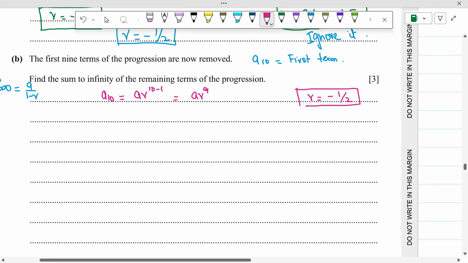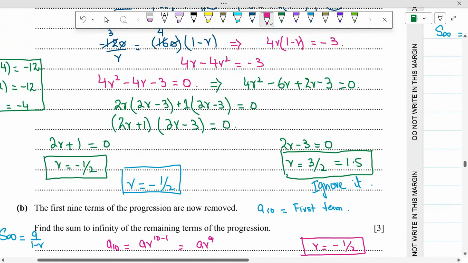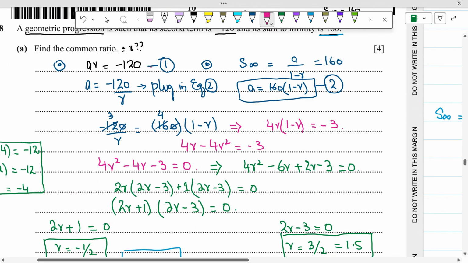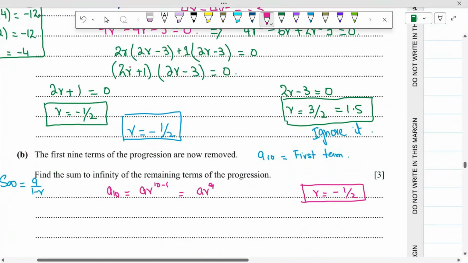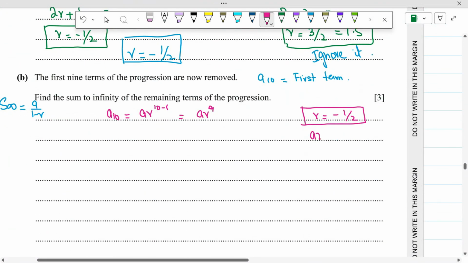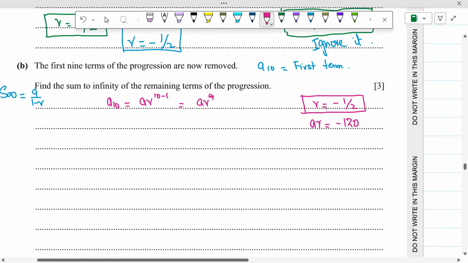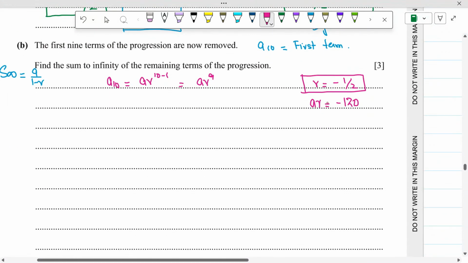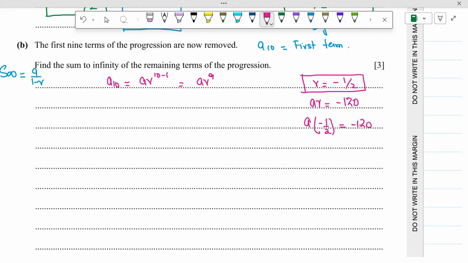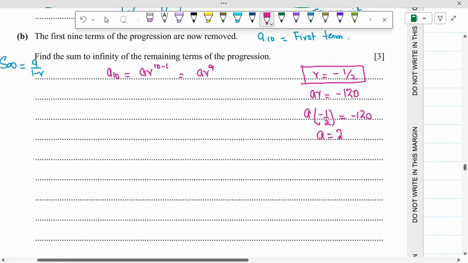To find the 10th term we also need the value of A, and A can be found by using equation 1 if we plug in the value of R. So from equation 1 we know that AR is equal to negative 120, so plug R equal to negative 1 over 2 in this equation. We will have A times negative 1 over 2 is equal to negative 120, and in this case A is equal to 240.